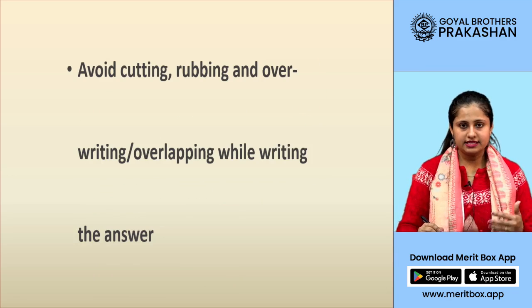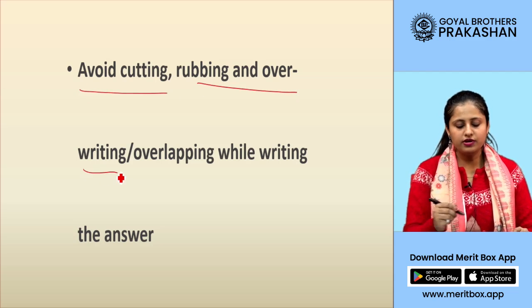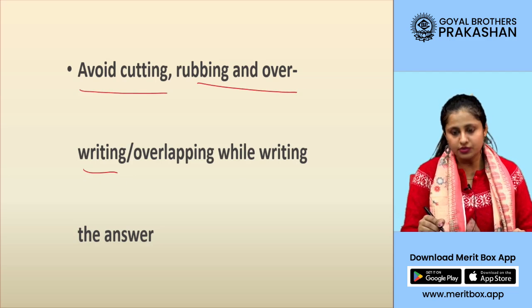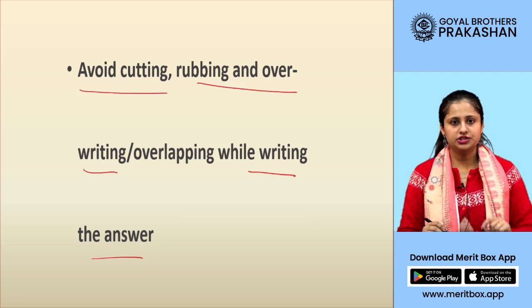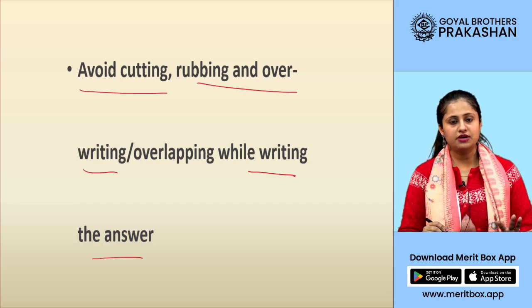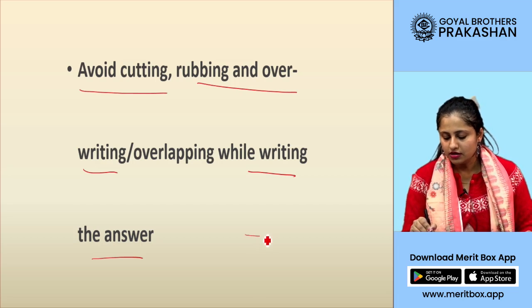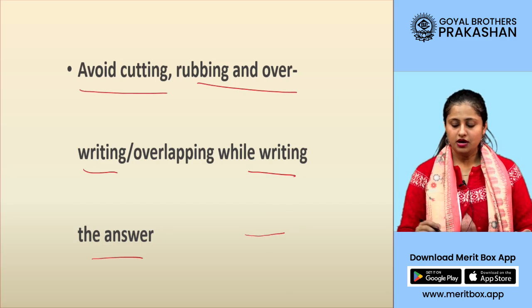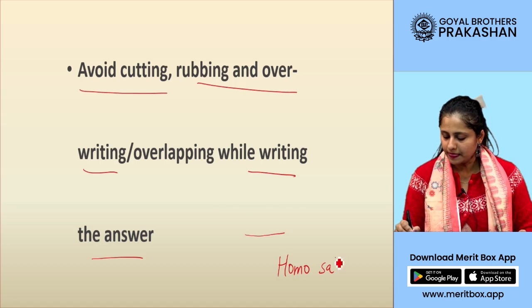Now, next, avoid cutting, rubbing and overwriting or overlapping of words while writing the answer. If you are not sure that a particular word which you have written is correct, then you should cut it with a single line. Don't write like this over Homo sapiens.